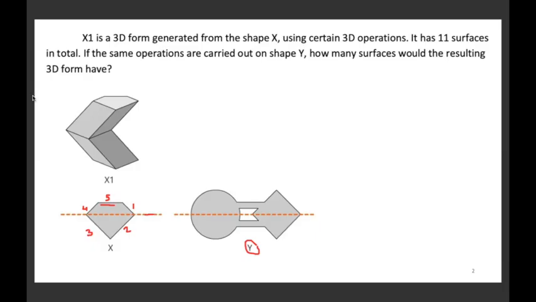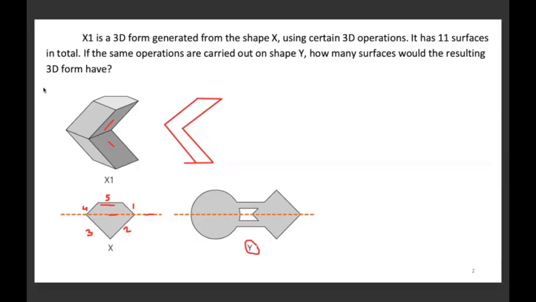What it means is the surface 5 will actually look something like this, which is actually the same surface. It's actually one surface. It's not like how we can see this surface or this surface, which are two different surfaces. So when you extrude it along this line, it will actually be the same surface, one surface.